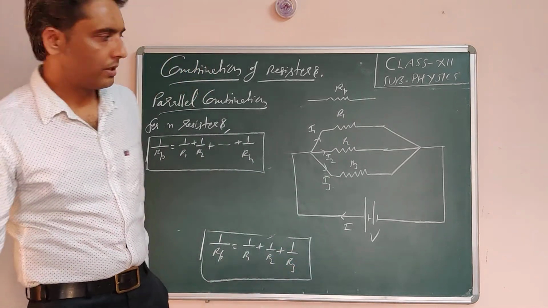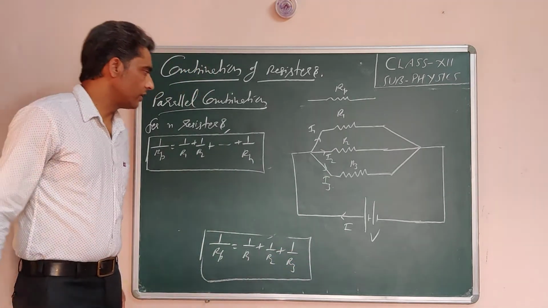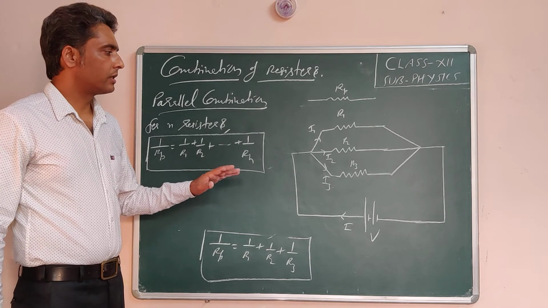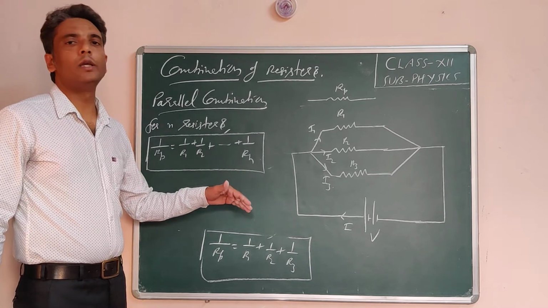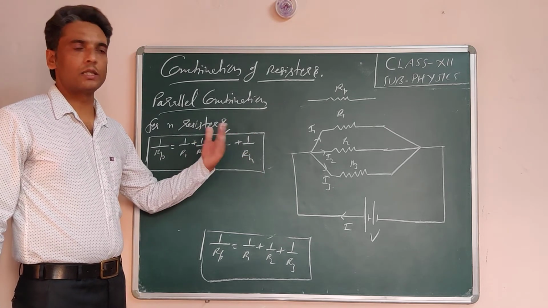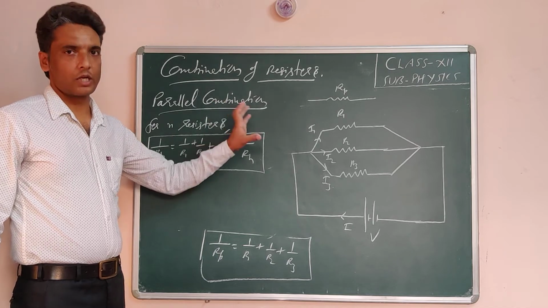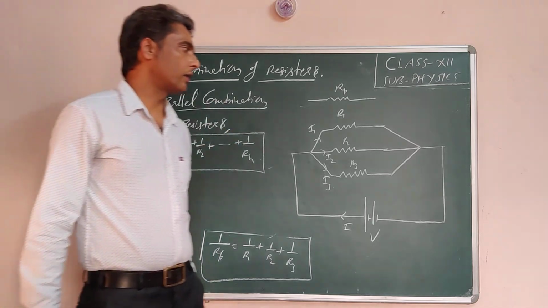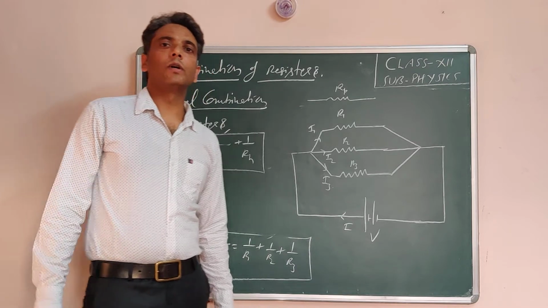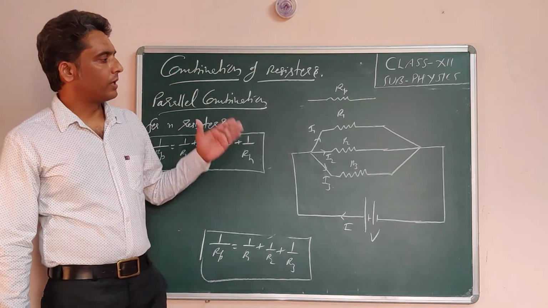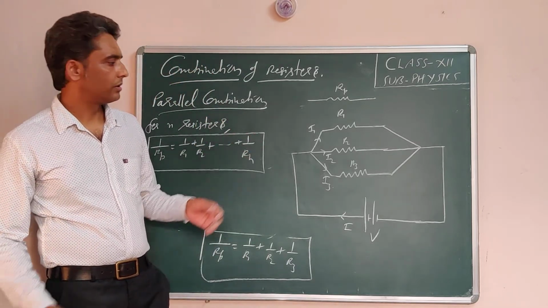Since the equivalent resistance is less than the individual resistances, the current will be large. So we use parallel combination in those cases where we need large current.